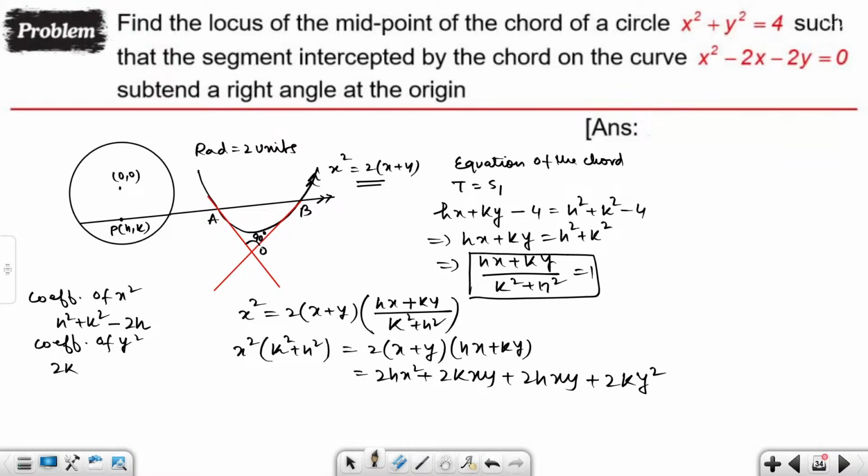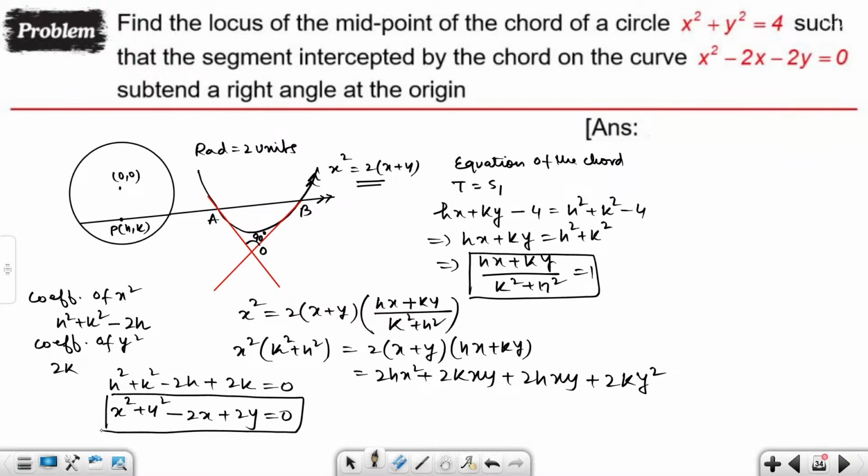Now, since the angle subtending at the origin is 90 degree, therefore the sum of the coefficient of x square plus the coefficient of y square must be equal to 0. Therefore, the equation of the locus is x square plus y square minus 2x plus 2y equals 0. That's it.